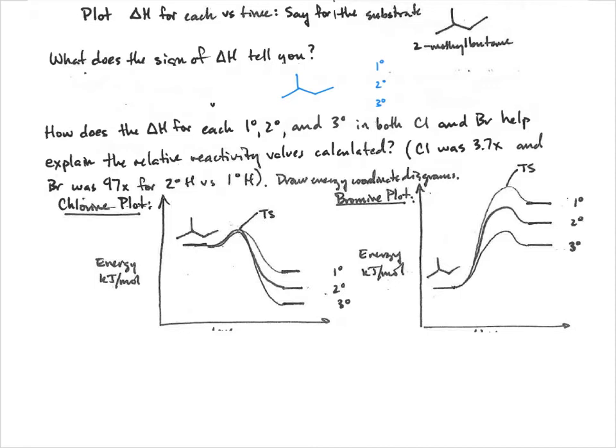So Ian says 3, 6, 9. How many secondary hydrogens? Aiden says 2. How many tertiary? So 1. So the sum of that is 12, right?